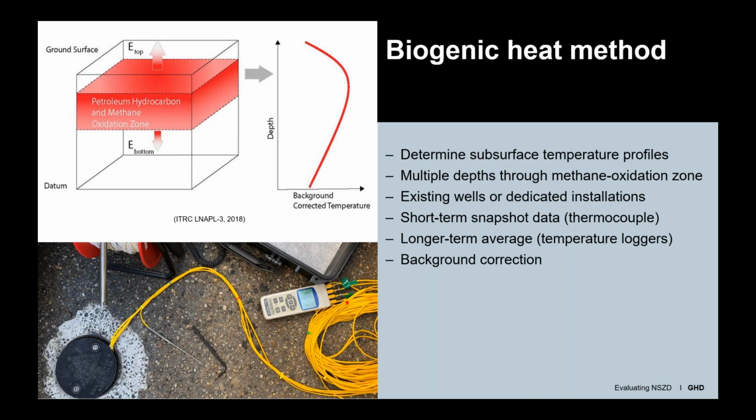You can also install temperature loggers into the monitoring wells for longer-term averages. You can also have a dedicated installation of temperature loggers in locations around the site. All of those are possible ways of collecting these temperature profiles.